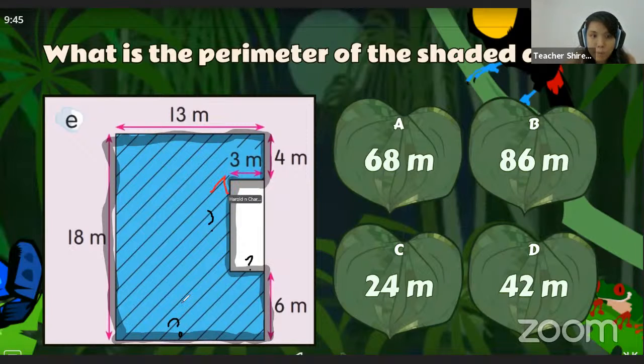Okay, so here opposite is the same. So it's 13. Okay, so here is 18 minus 4 minus 6. So it's 8. Good. And here is 3. So all plus together. So you get 26.